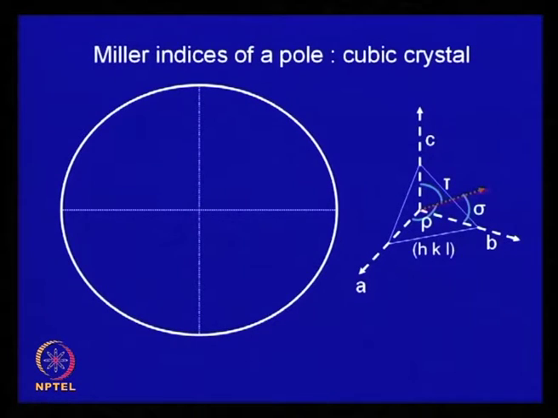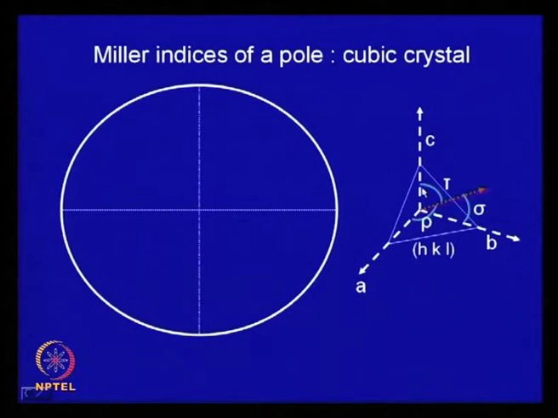Say suppose we consider this plane here. This plane has an indices h k l. The normal to this plane is this. Now, we want to represent this pole over here.